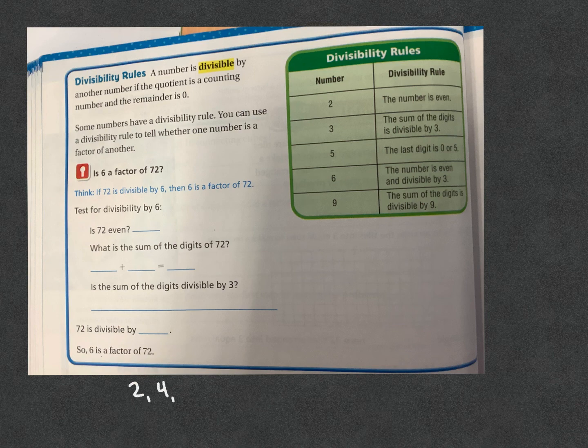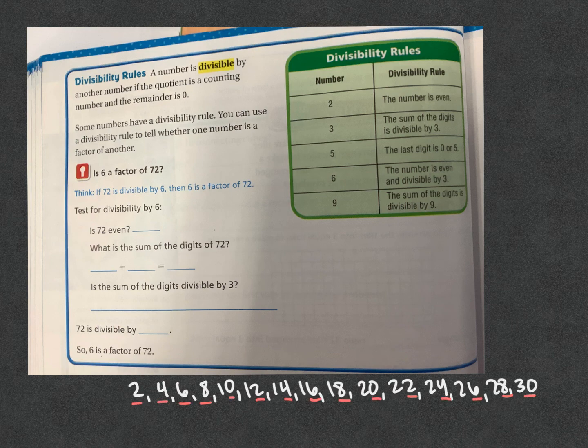I've gone ahead and written them out for you. 2, 4, 6, 8, 10, 12, 14, 16, and so on. I then went ahead and underlined the last digit in each of those numbers so you could see this pattern that happens. We have 2, 4, 6, 8, 0, 2, 4, 6, 8, 0, 2, 4, 6, 8, 0.